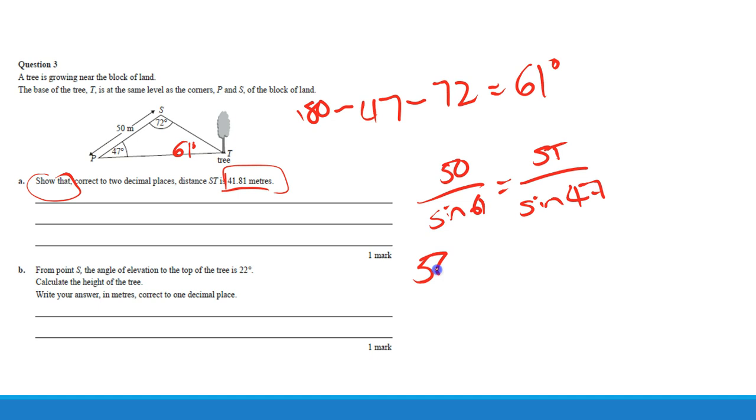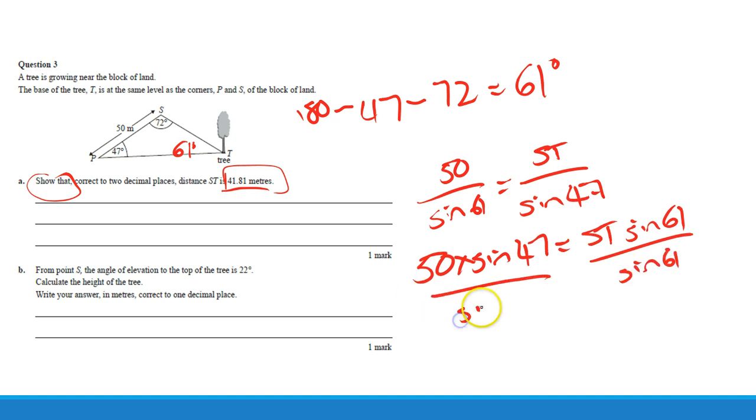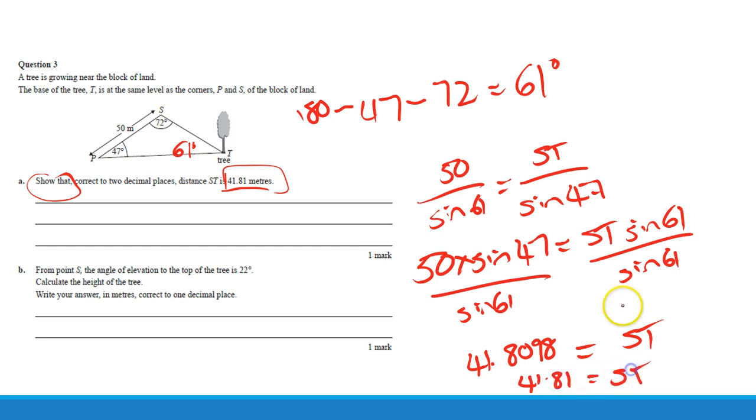Cross multiply. Divide by sine 61 on both sides. And ST equals 41.8098, which is 41.81. You will get the mark for the working, not for the answer, because the answer is given.